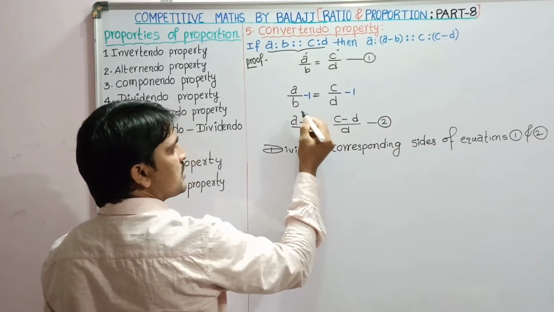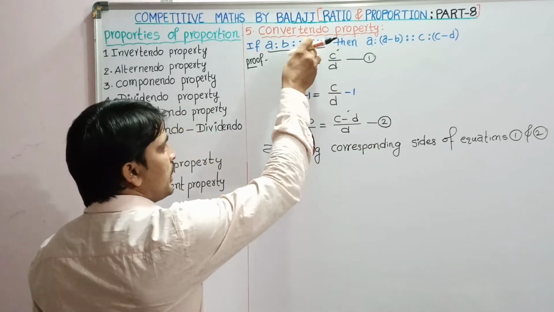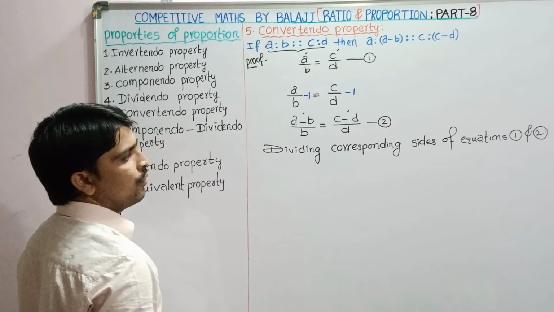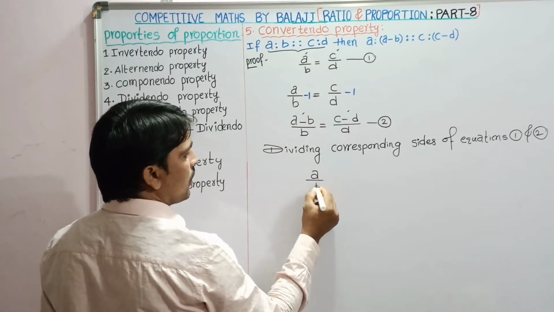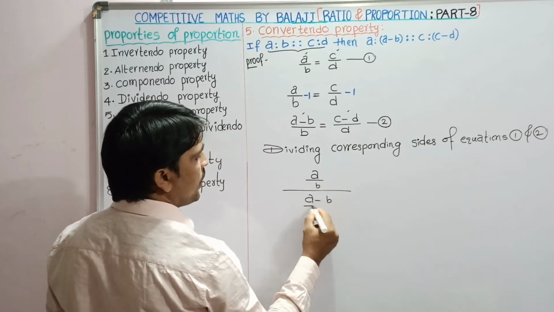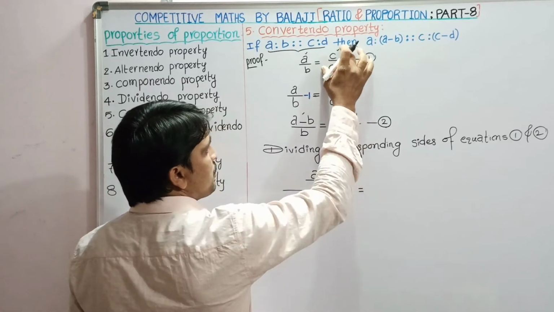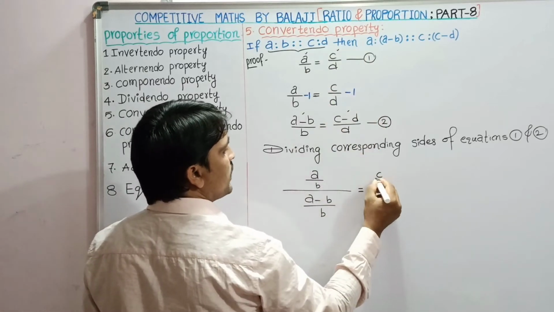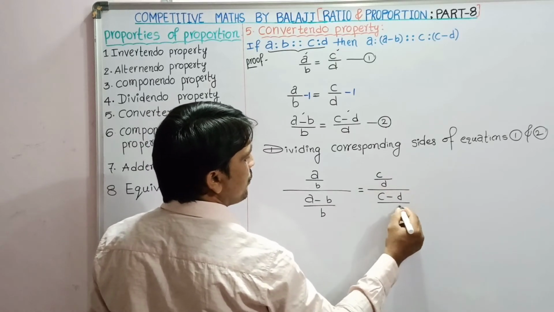Equation 2: the LHS is a minus b by b, the RHS is c minus d by d. We have to divide the corresponding sides of equations 1 and 2. So a by b whole by a minus b by b is the LHS, and the corresponding RHS is c by d whole by c minus d by d.